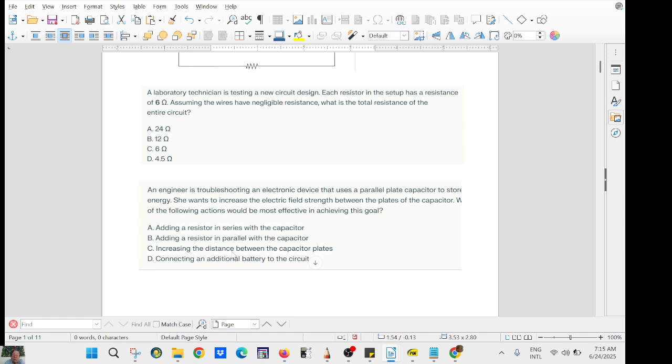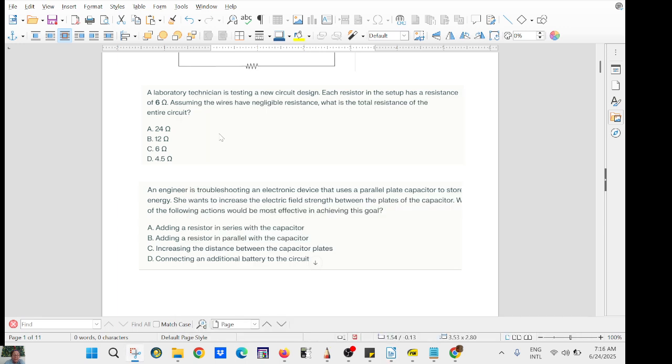Increasing the distance will decrease the electric field. Connecting an additional battery, in that case, you're going to increase the voltage, okay? And if you increase the voltage, it's like increasing the pressure that will push the charges in the capacitor. So yes, answer is D.